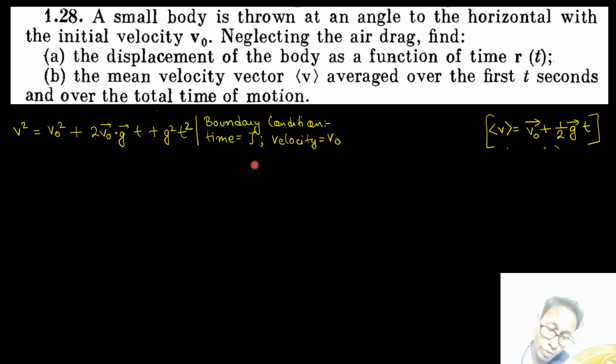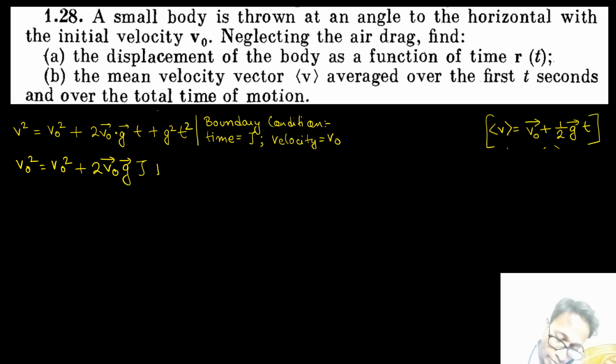So what I have to do now is apply this boundary condition out here. T will be substituted out here and V naught will be substituted out here. So V naught square is equal to V naught square plus 2 V naught into G into tau plus G square tau square.